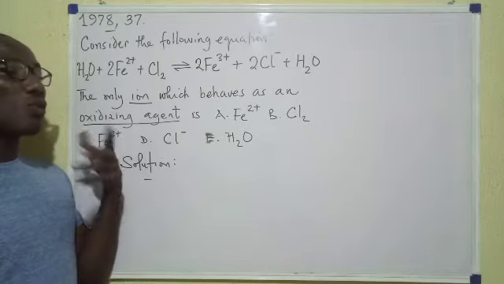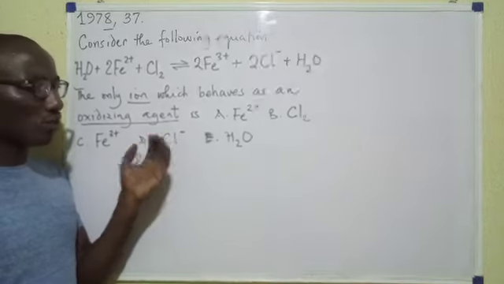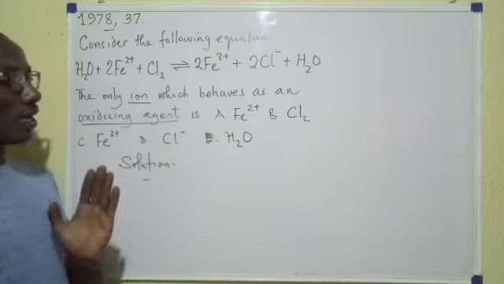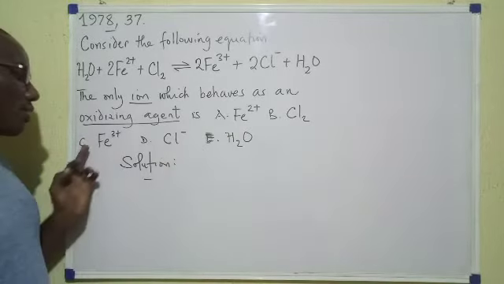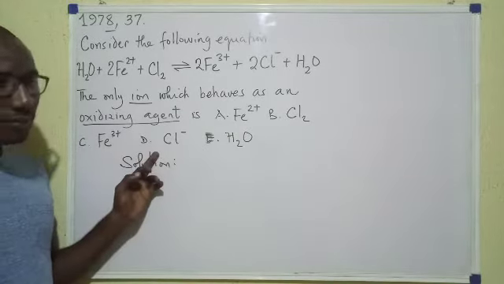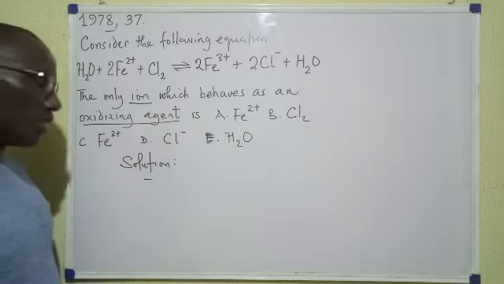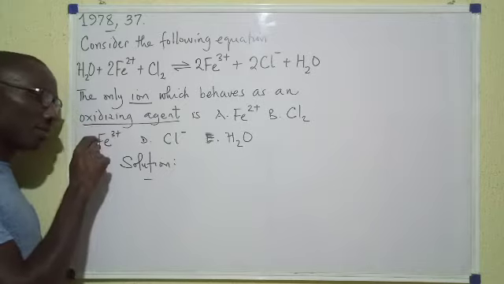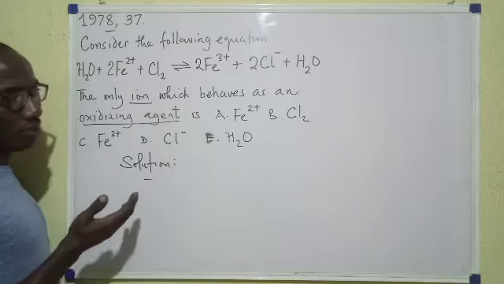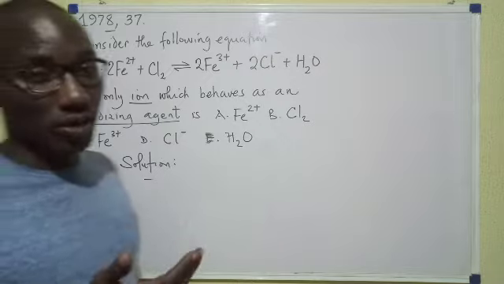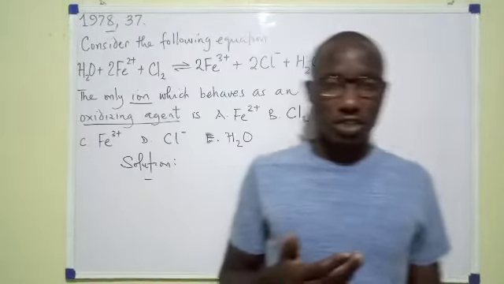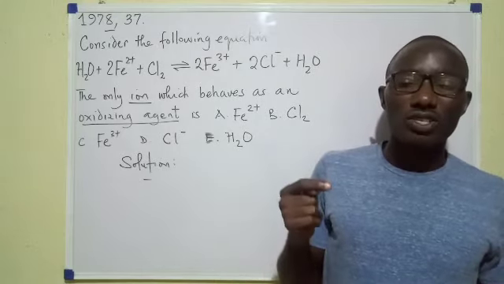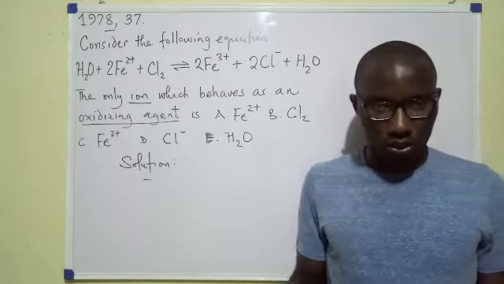This question says which ion, you understand? So based on that, E and B are already wrong. So we are now left with three options, A, C, and D. Now, having seen the three ions, the other part of the question, which of them is an oxidizing agent? From the basics of reduction and oxidation, we know that an oxidizing agent is a species that undergoes reduction.